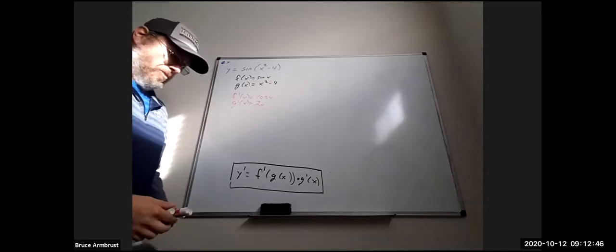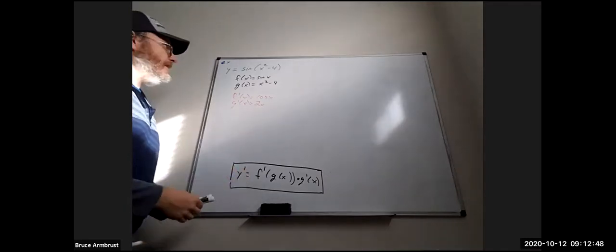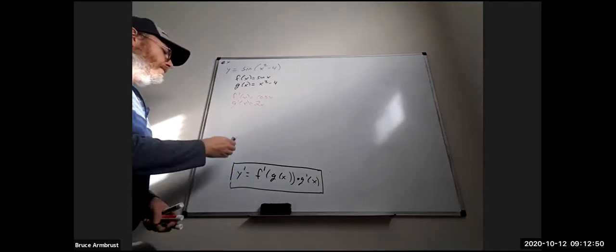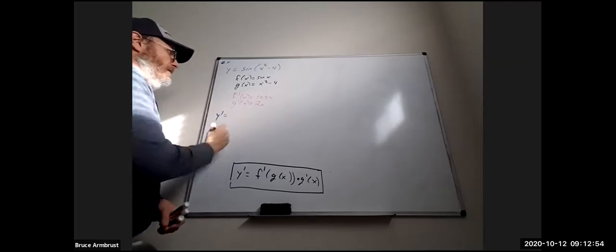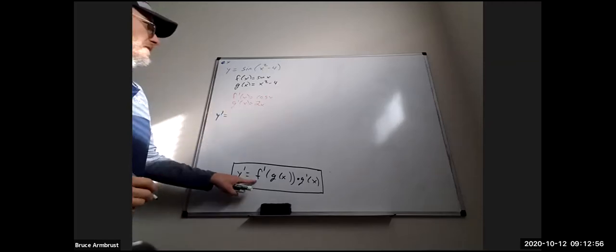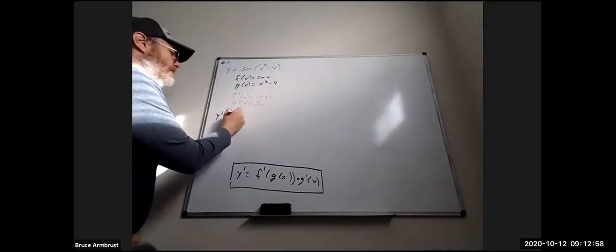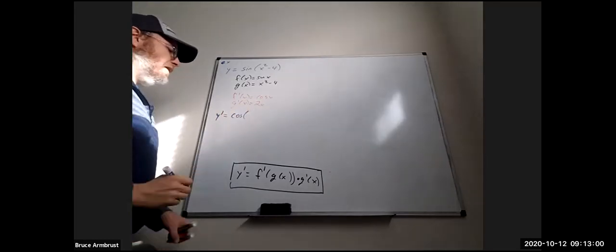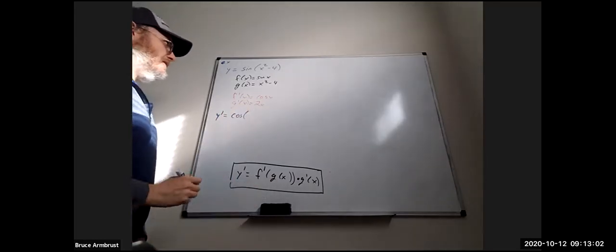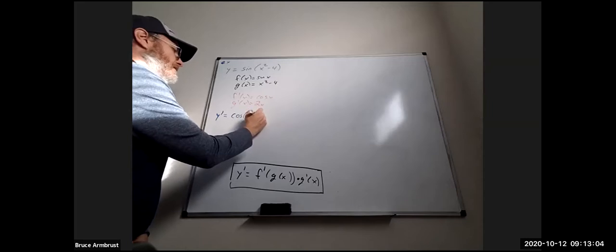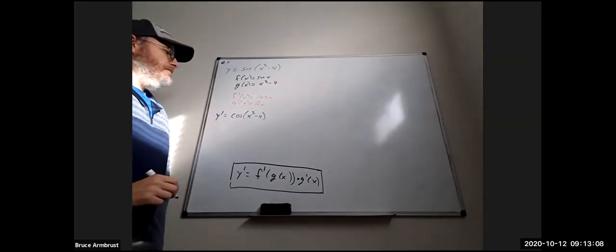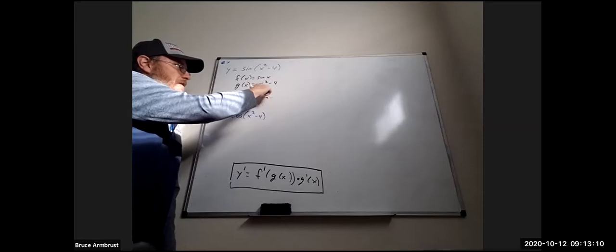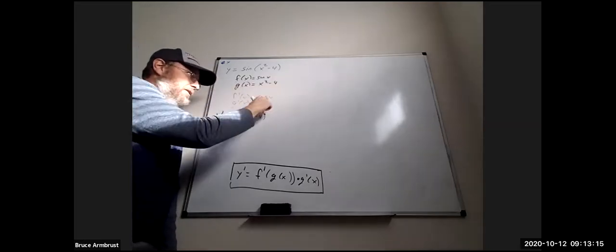All right. So now let's put this together. So we're going to get y prime is equal to. So I need f prime, which was cosine of x, but I need to evaluate that at the original interior function. So all I'm doing, that x squared minus 4, instead of putting it into sine, I'm putting it into cosine.